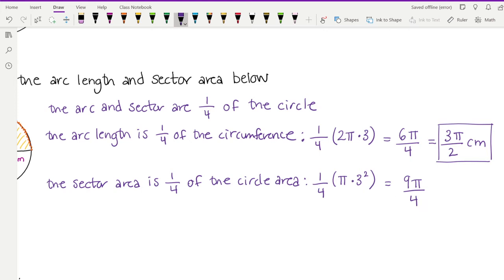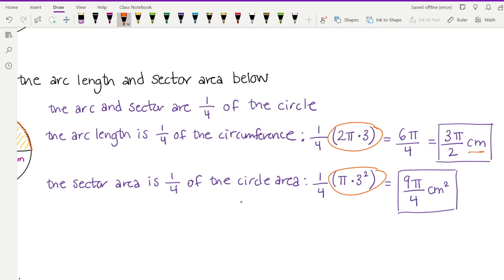And what are our units this time? This time it's square centimeters, because we're talking about an area, and area is measured in square units. Just to point this out, this is something I mentioned in our geometry review video. This is a circumference formula and this is an area formula. Circumference just has the radius, area has radius squared.